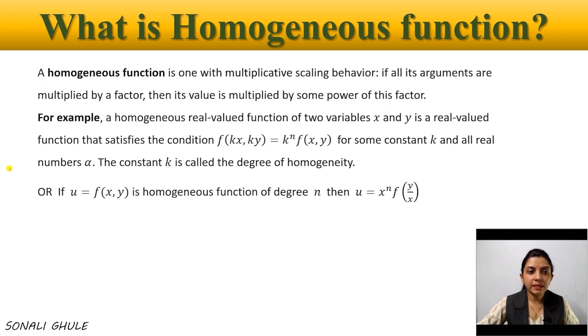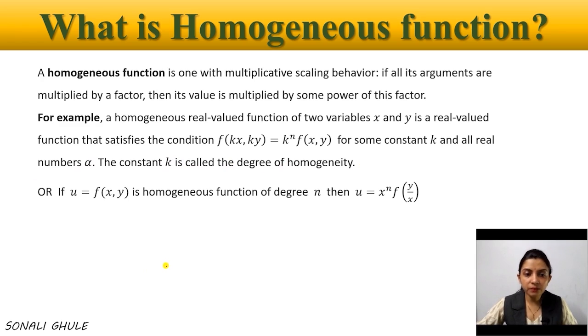For example, a homogeneous real valued function of two variables x and y is a real valued function that satisfies the condition f of kx, ky is equal to k raised to n, f of xy, for some constant n and all real numbers k. The constant n is called the degree of homogeneity.